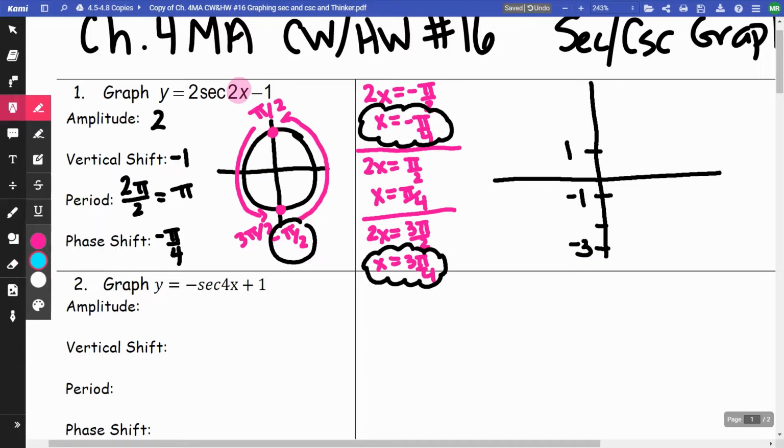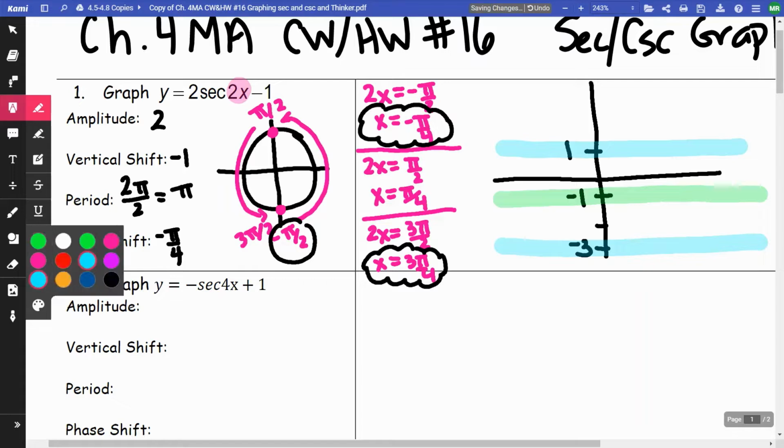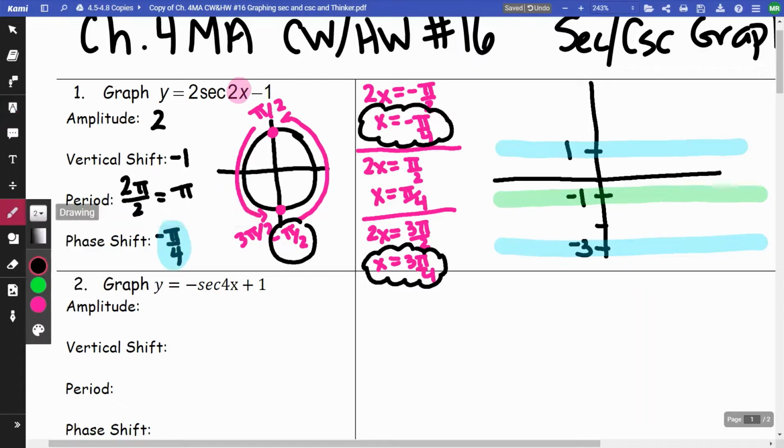So my highs for my cosine would have been there. My vertical shift is here. We are going to be starting at a negative pi fourths. That's where my first asymptote is going to be. And my next one's going to be at pi fourths. So I'm going to do that.